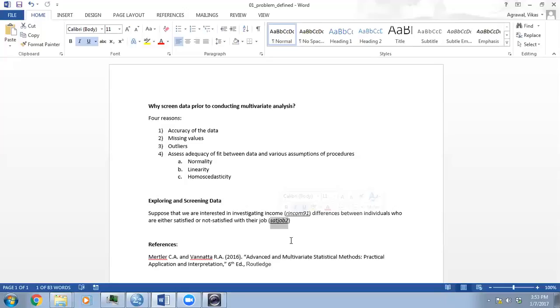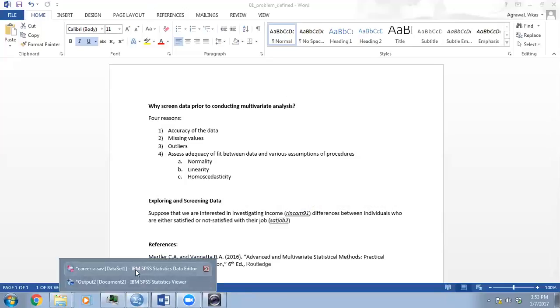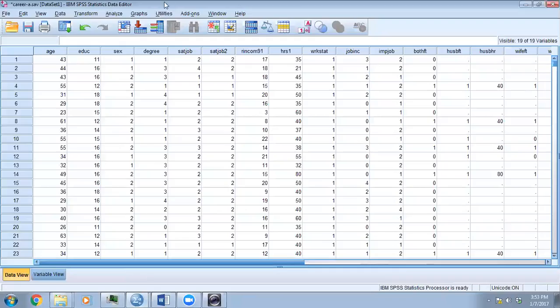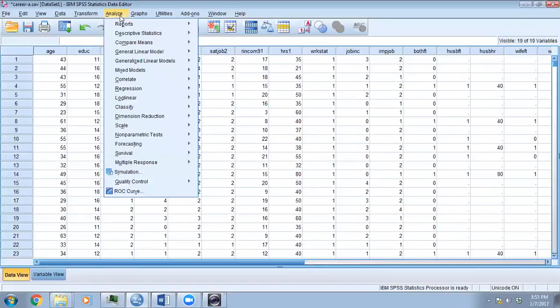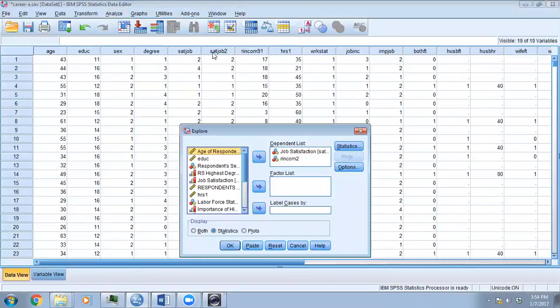The outlier analysis is basically done using the Explore procedure, so let's go ahead and do that here. What we're going to do is Analyze, Descriptive Statistics, Explore again.